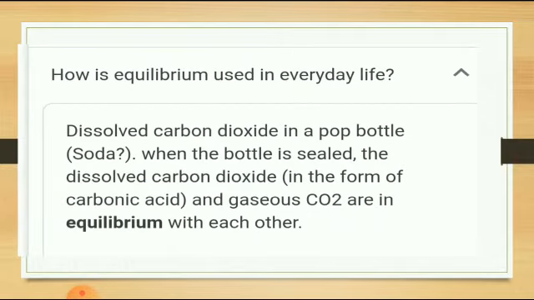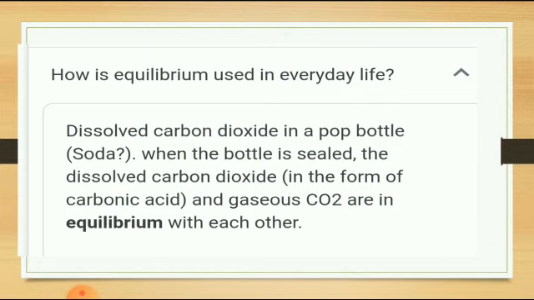Okay, next, how is equilibrium used in our daily life? You have experienced fizzy drinks. Everyone likes to drink them. Okay, what is in fizzy drinks? Can you tell me? Fizzy drinks, or the soda drinks or the carbonated drinks, have dissolved carbon dioxide. Okay, now how is equilibrium present in soda drinks?